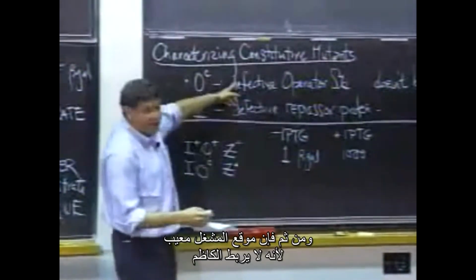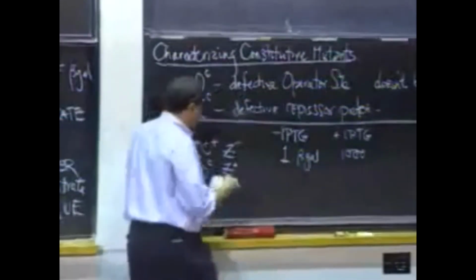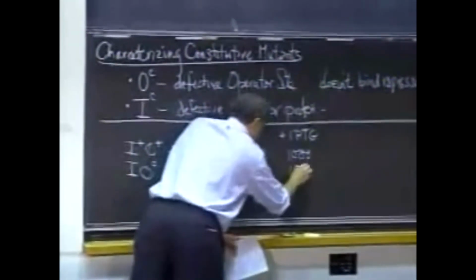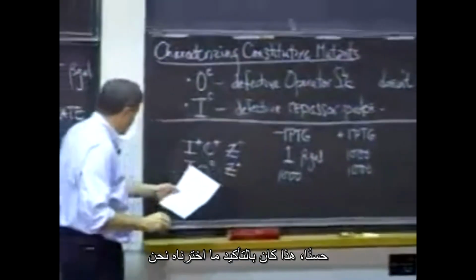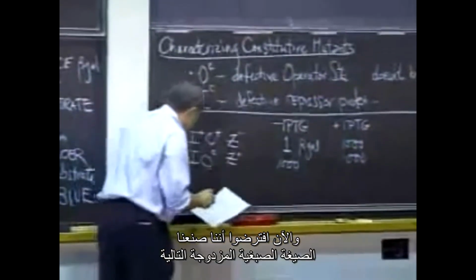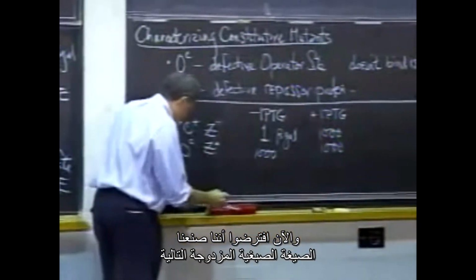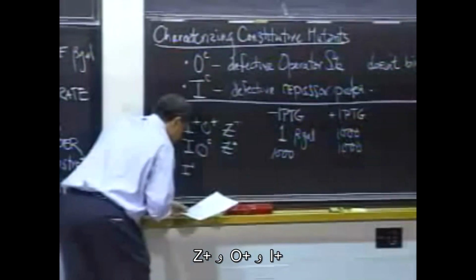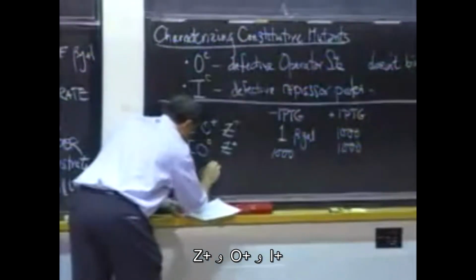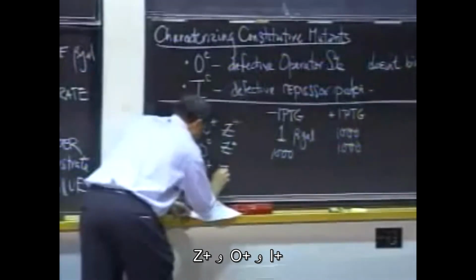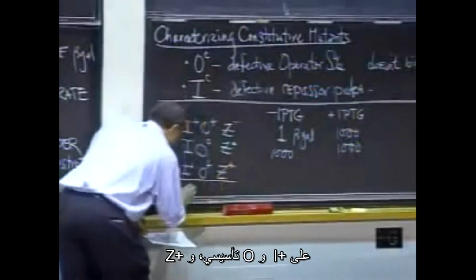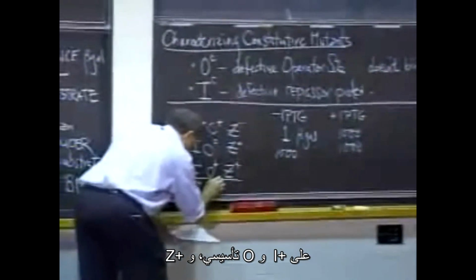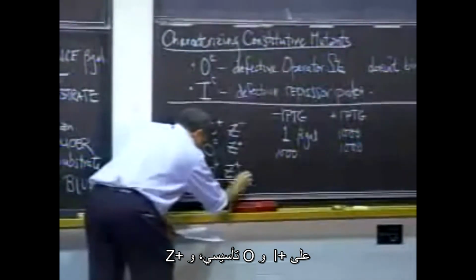Then the operator site is defective. It doesn't bind the repressor. Beta-gal is going to be expressed all the time, even in the absence of inducer. Well, that was, of course, what we selected for. Now, suppose I made the following diploid: I plus, O plus, Z plus, over I plus, O constitutive, Z plus.